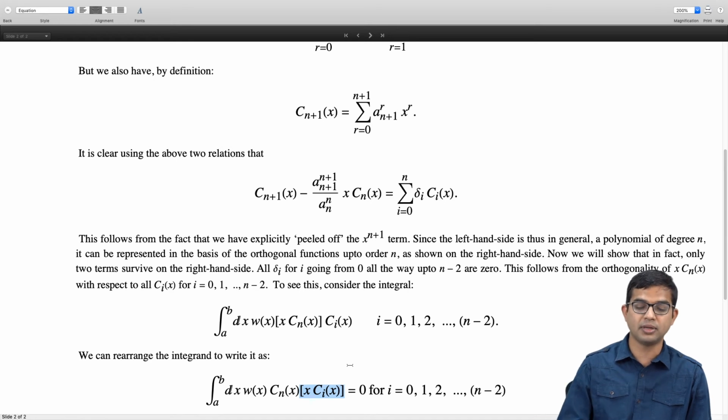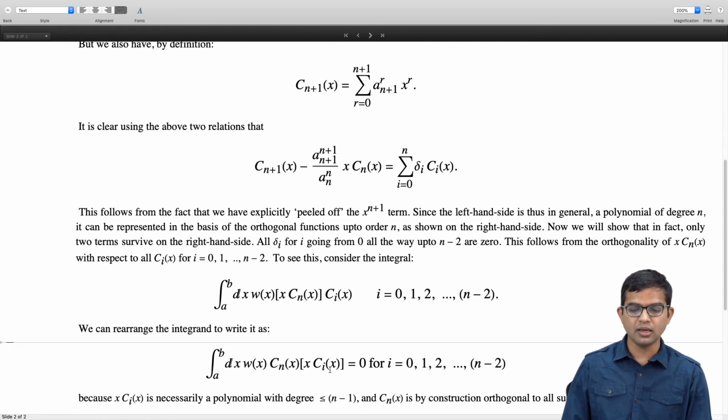So if you multiply it by x, this polynomial has a degree which is necessarily less than or equal to n minus 1. But Cn of x is a polynomial of degree n, and which is orthogonal to all polynomials whose degree is less than n with respect to this weight function in this interval, right? So immediately it follows that this has to be 0, right?